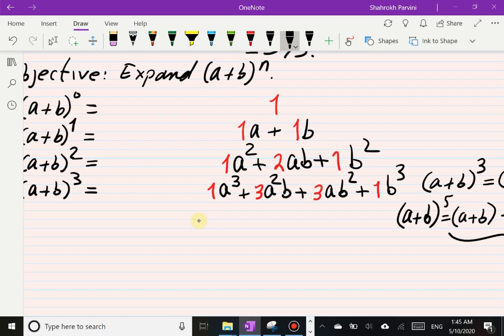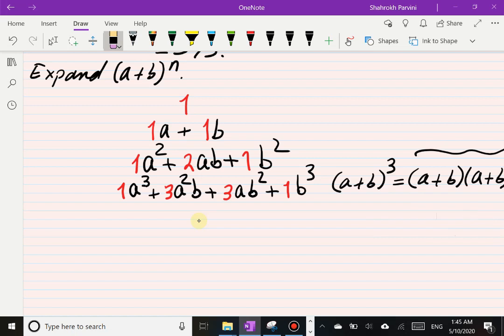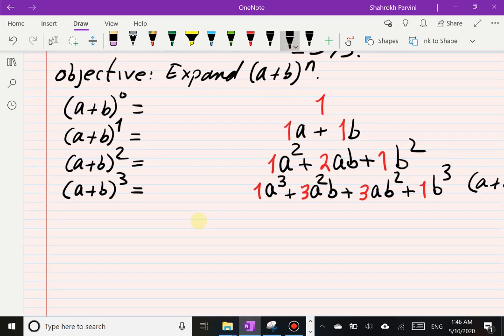Okay, now let me show you one more. Okay, a plus b to the 4th power. And to do that, so it fits in on a line, let me remove this expression. So next, I did a plus b to the 4th power. For a plus b to the 4th power, again, the first term is going to be 1a to the 4th. Again, I did this the hard way, by multiplying a plus b by itself 4 times.